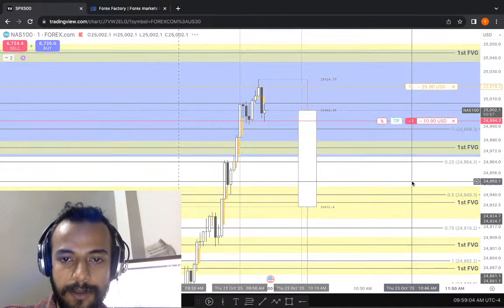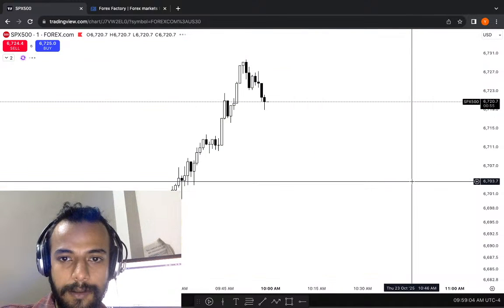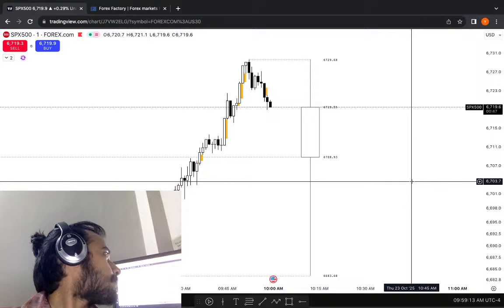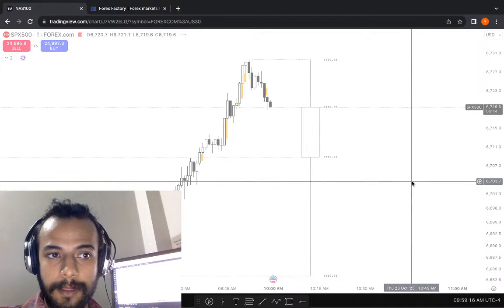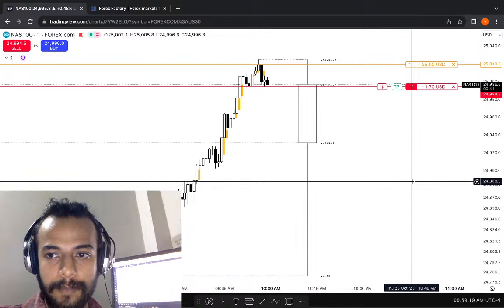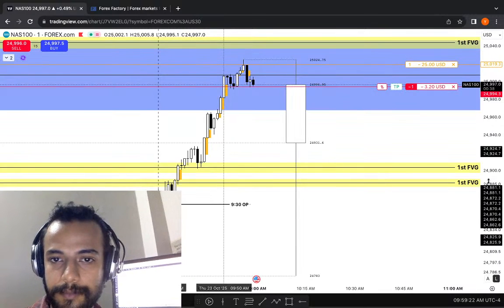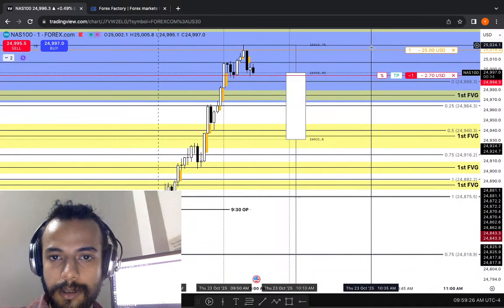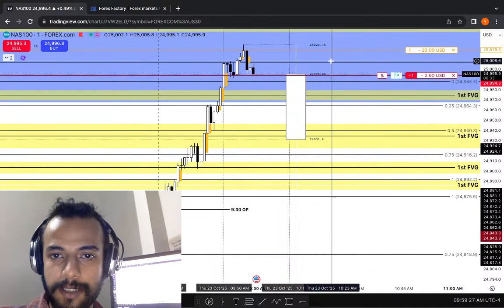Okay, the gap on S&P is paying out. Look at that, the midpoint of that buy side imbalance, sell side inefficiency.